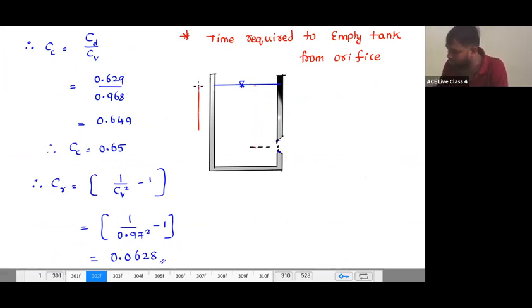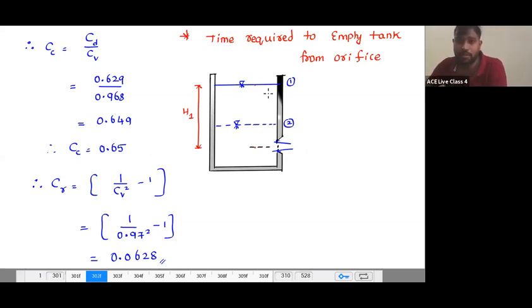Initially, this water is H1. Now, once I allow the water with respect to time, as the water goes out, this water level will fall from H1 to somewhere here. So now somewhere here, yes or no?